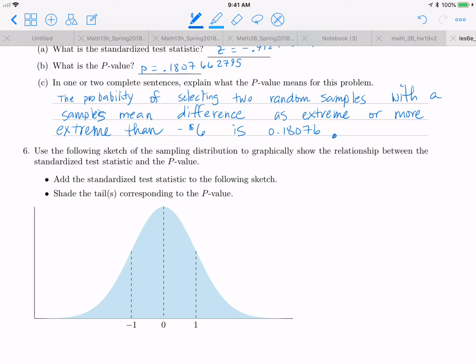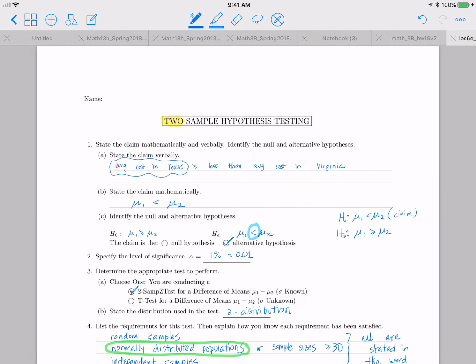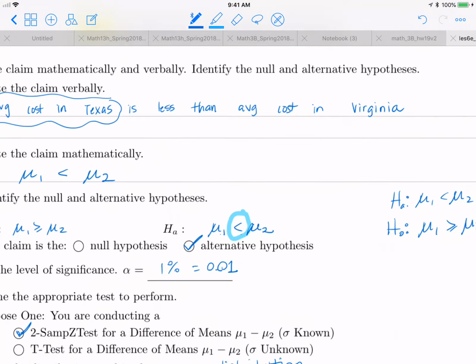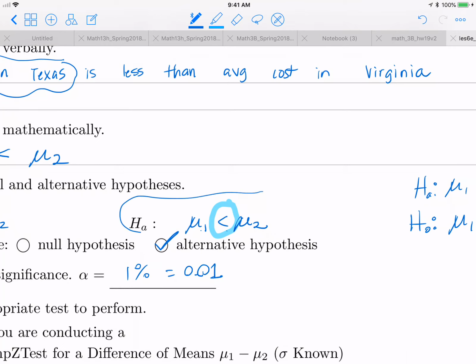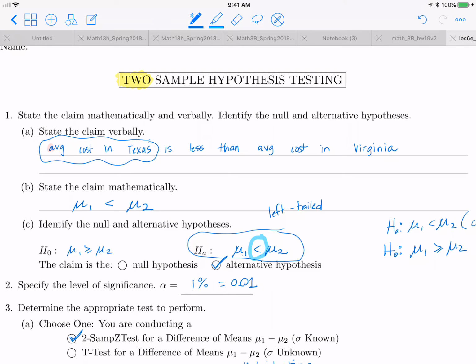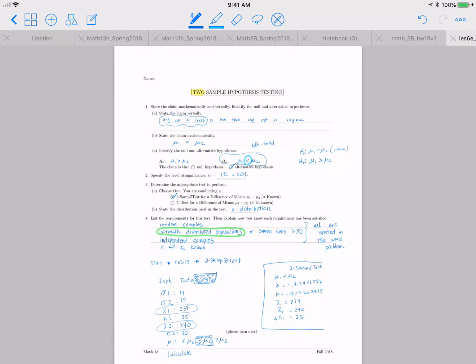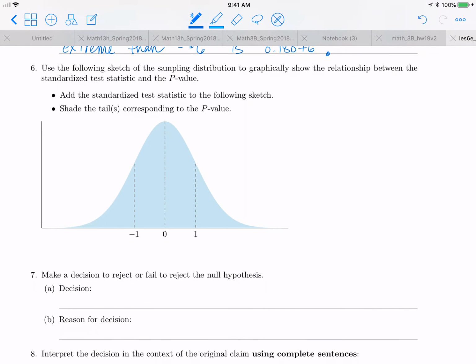Okay. Now let's go ahead and sketch. And we said that we will need to have a left-tailed. How can we tell it's left-tailed? We're performing a left-tailed hypothesis test because we received this information from the alternative hypothesis. So I have a left-tailed test, and so this is our difference.